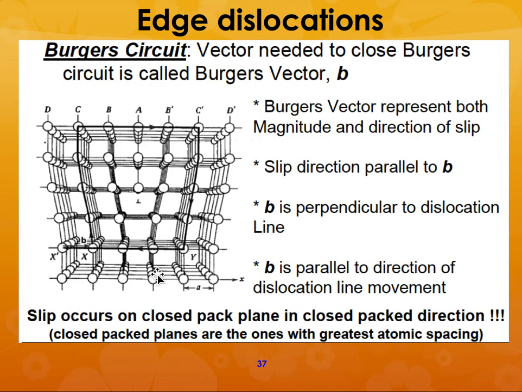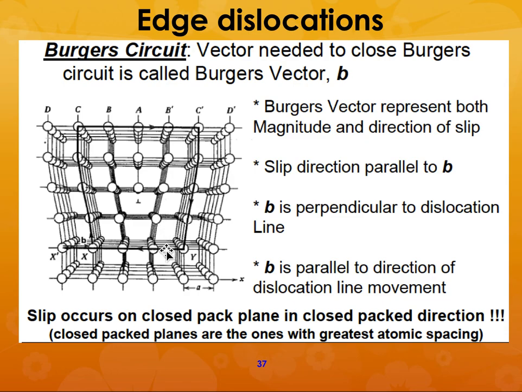and the movement of dislocations in the case of materials, especially metals, is called slip. You are slipping the material one on top of another. It happens in the case of close packed planes, which are the ones with the greatest atomic spacing.